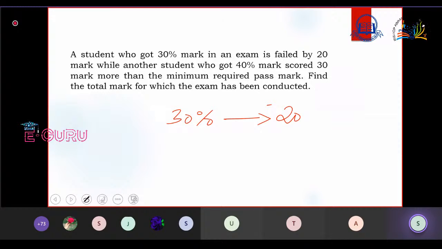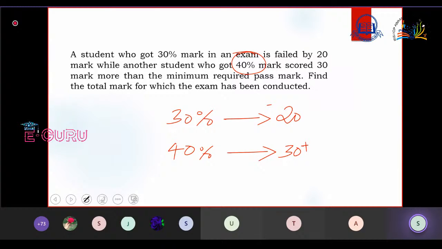If this student got 20 more marks, he would pass. The other student who got 40% marks got 30 marks more than the minimum required pass mark.